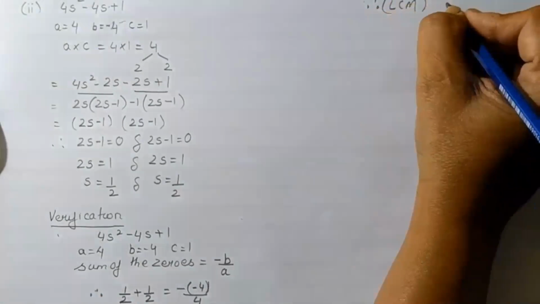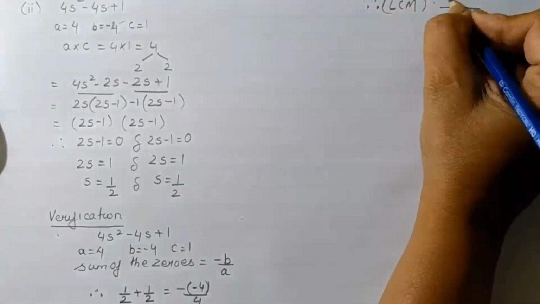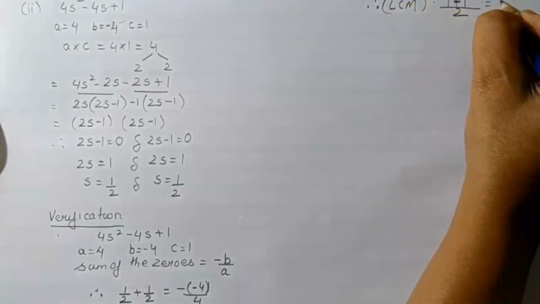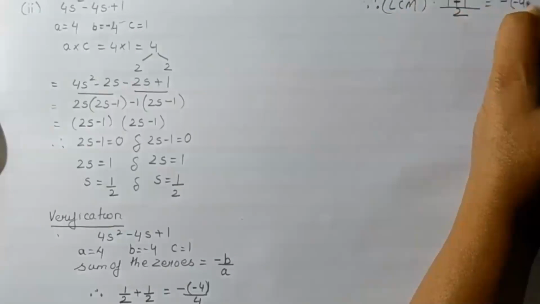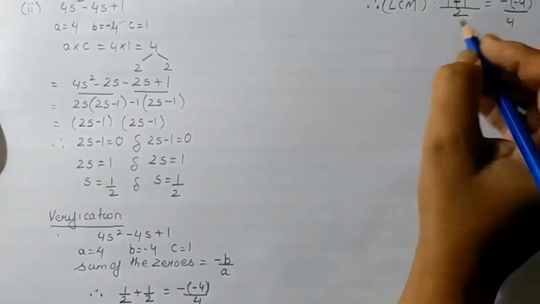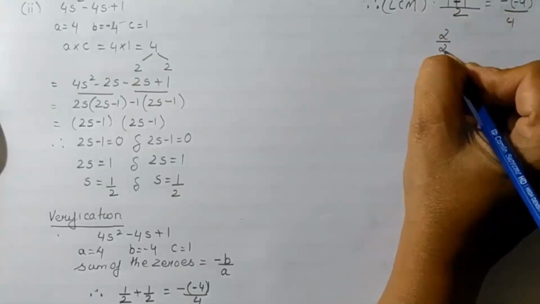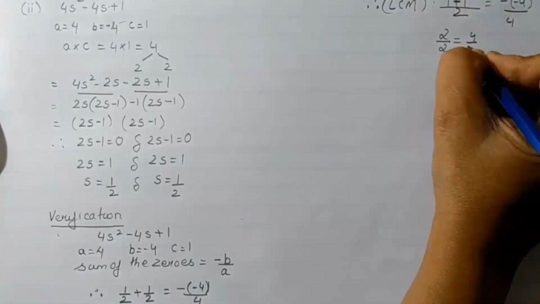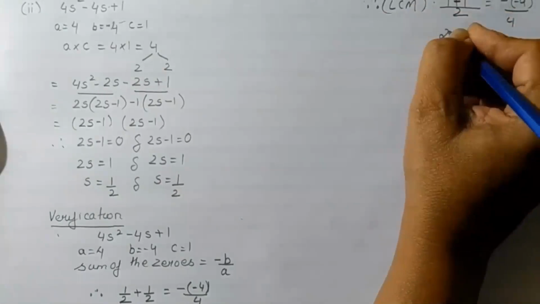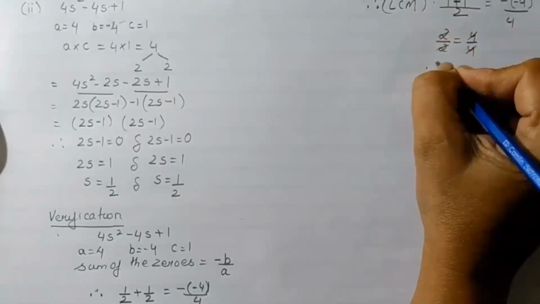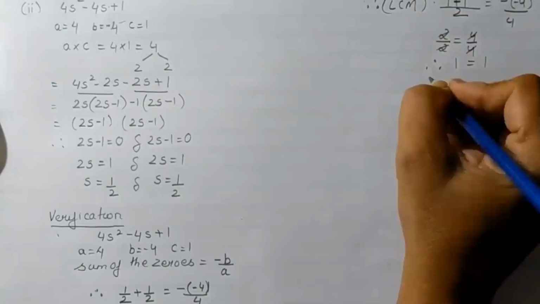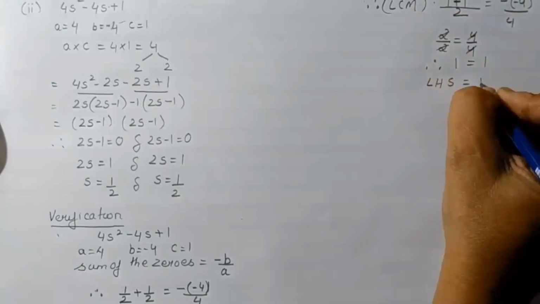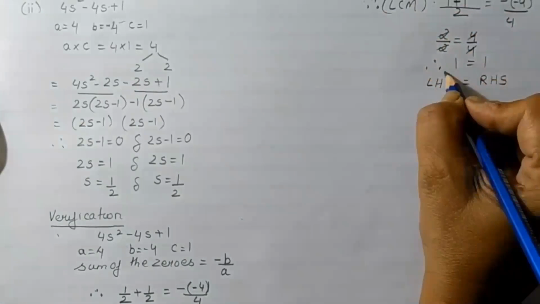We have to take LCM, 1 upon 2 plus 1 upon 2, which is equal to 2 upon 2. Right? 2 upon 2 is 1, and this is plus 4 upon 4 is also equal to 1. So this is verified.